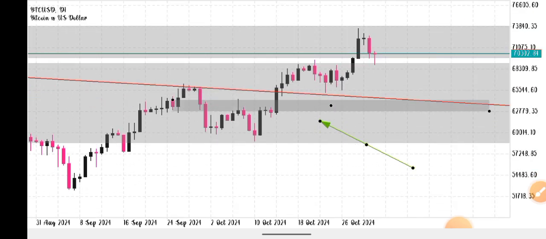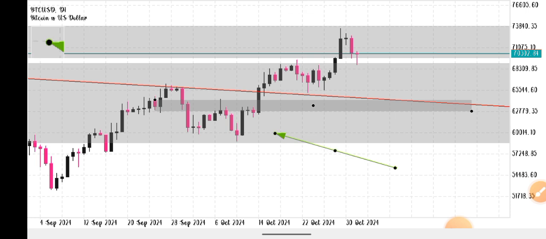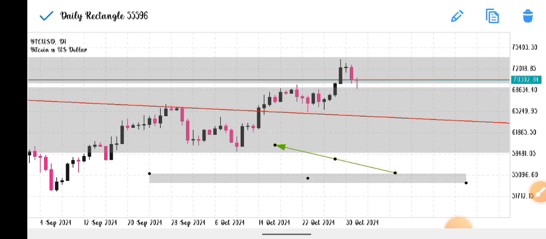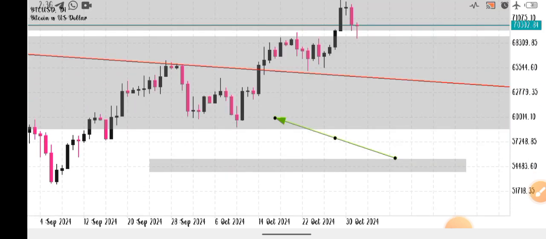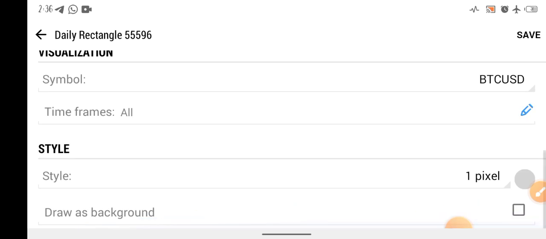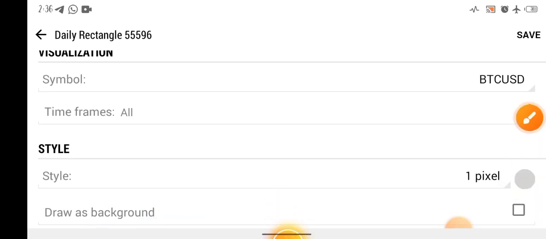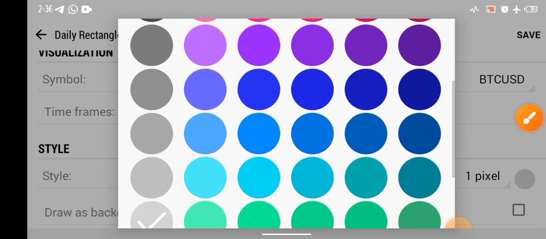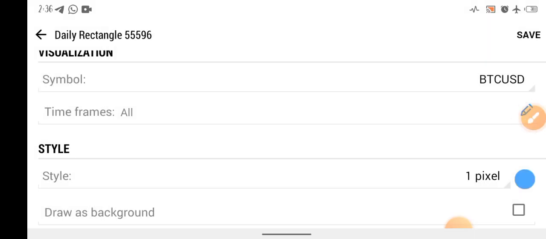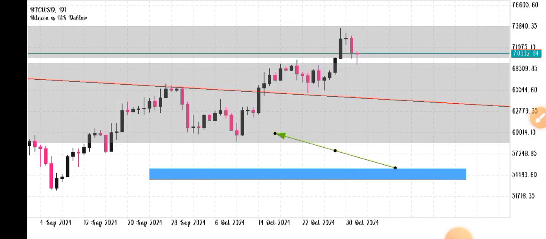I'm going to be changing the color of this zone, guys. We'll change the color to, let's say, this color. Okay, so this is the zone.